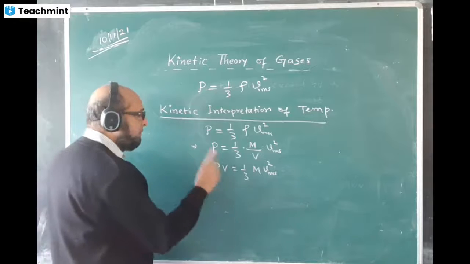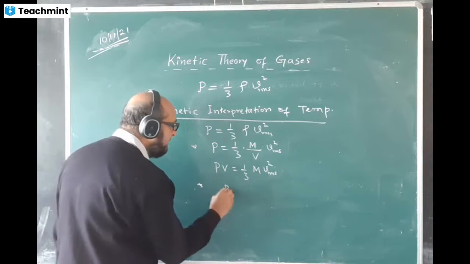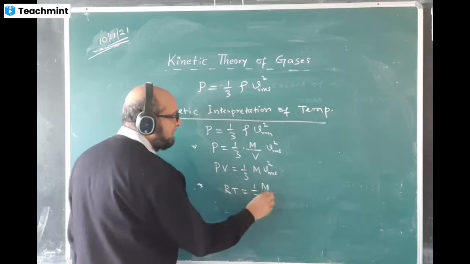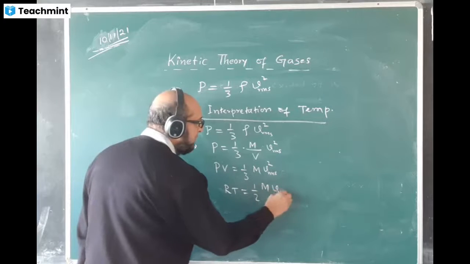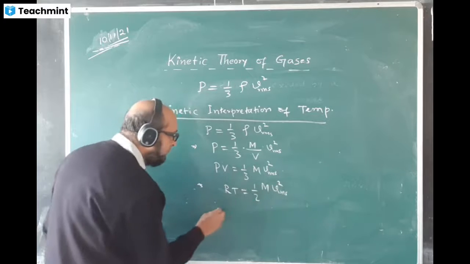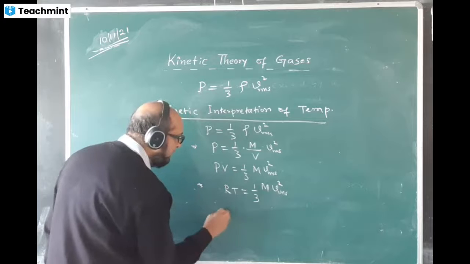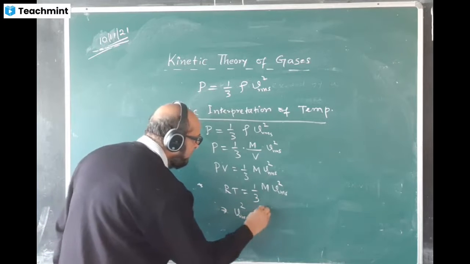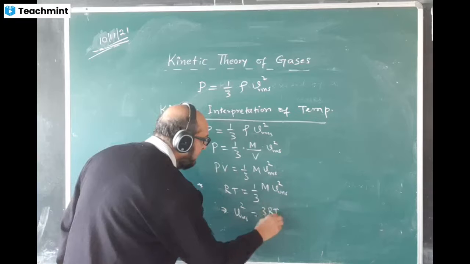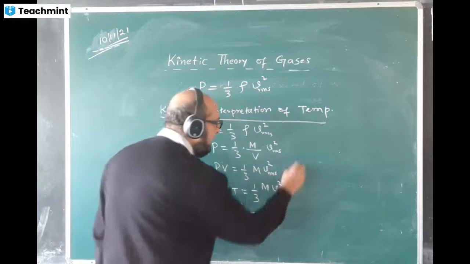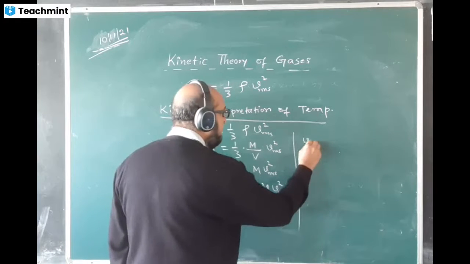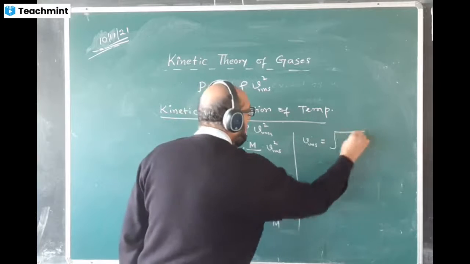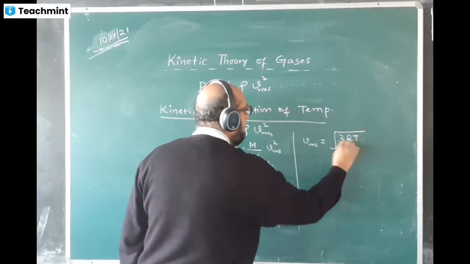So for 1 mole, I write RT equal to 1 by 3 M V_RMS square. Therefore V_RMS square is equal to 3RT by M, and V_RMS will be the square root of 3RT by M.